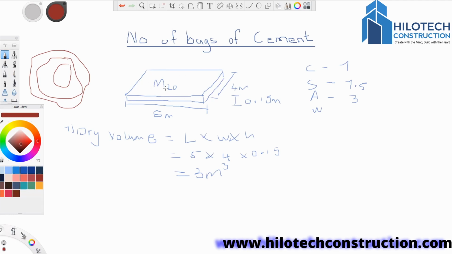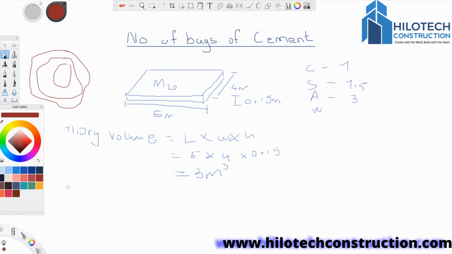Just by normal reasoning, when this dries out, it shrinks, it contracts, so it is smaller than the wet volume. So the wet volume is always a certain ratio higher than the dry volume.